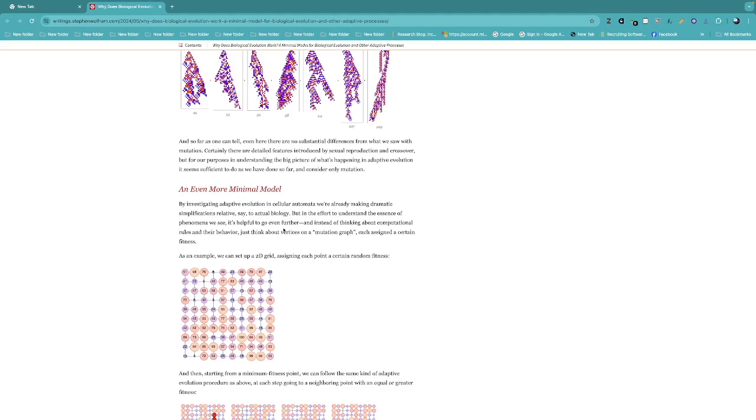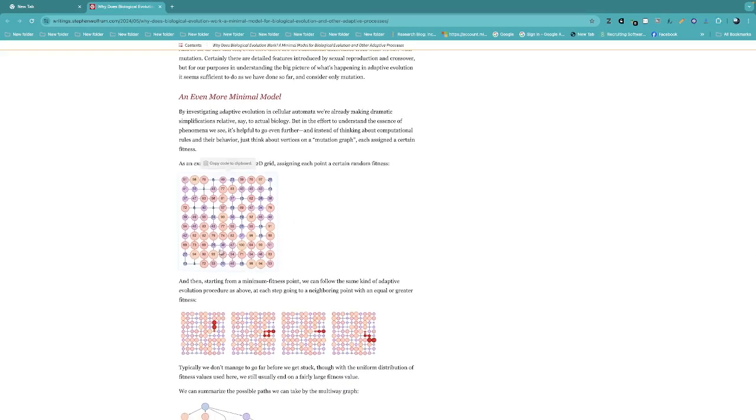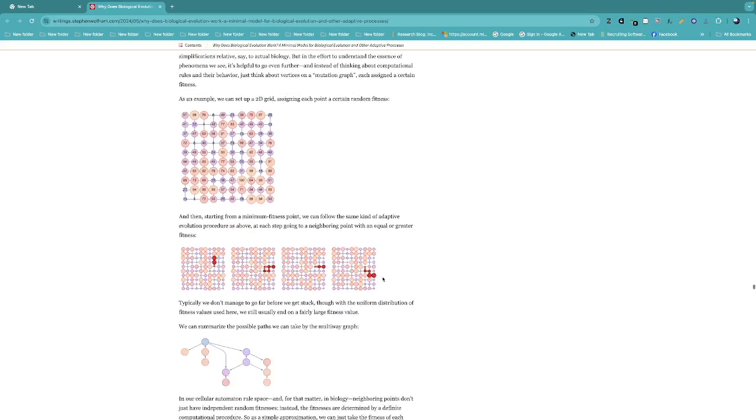But in this case, we want an even more minimal model to boil down what we're finding in the model to something else. And so this is something he built called the mutation graph. It gives us a link between these mutations as they're introduced and the fitnesses, and it gives us this ability to extract a set of rules that allow us to find the best manner of adaptive evolution.